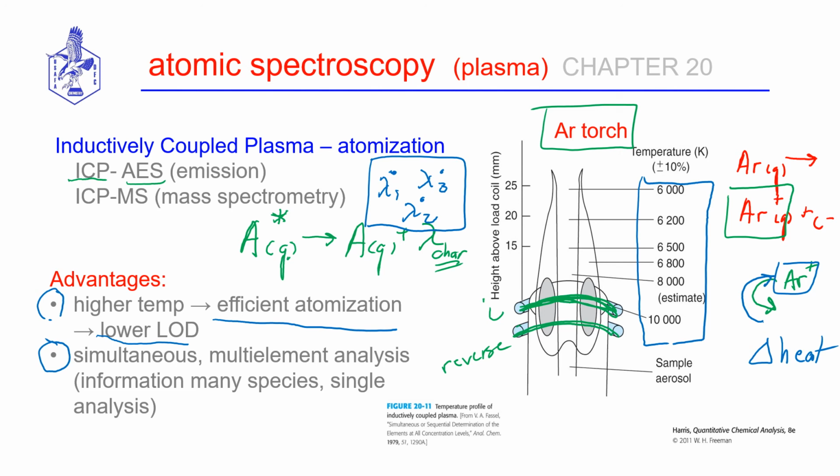You aspirate your sample up into this torch, and you're going to get information not only about sodium, but anything else that's in the sample. So if the nature of our detector are photodiode array kind of charge coupled devices, then those instruments are ICP atomic emission spectroscopy instruments.